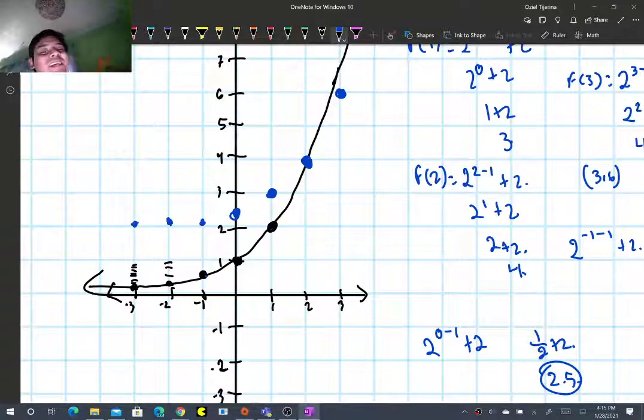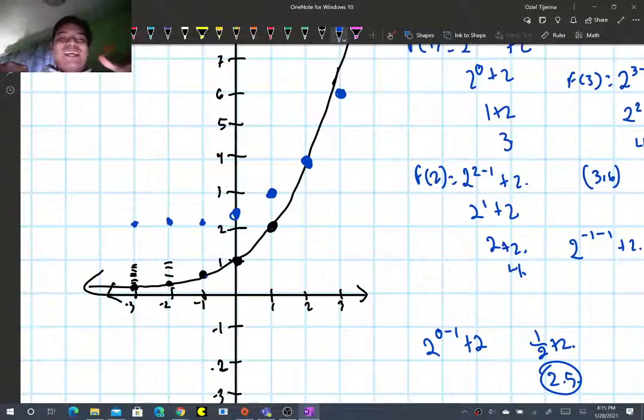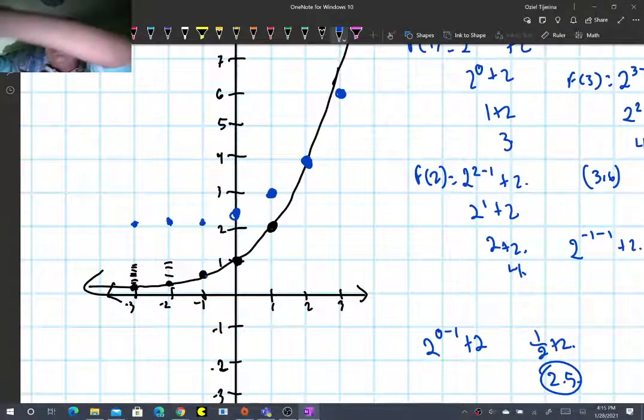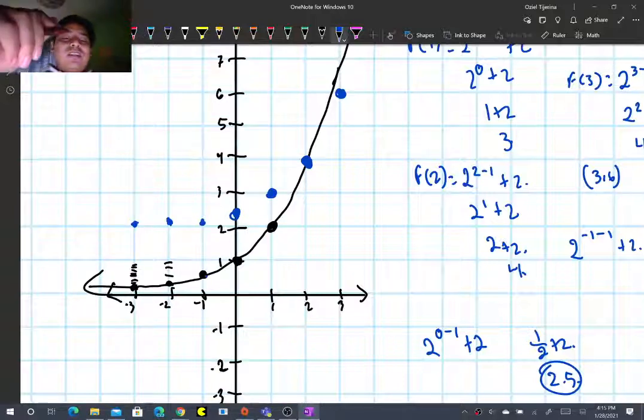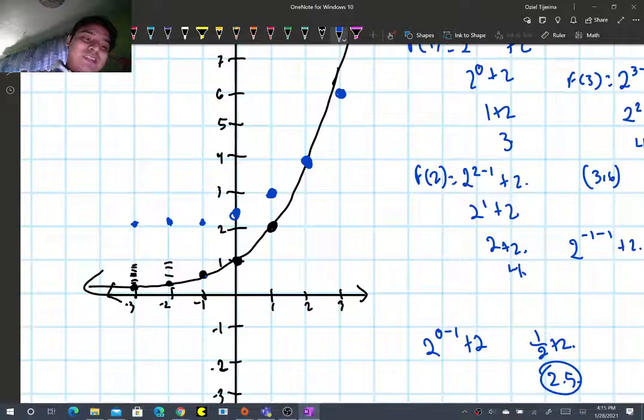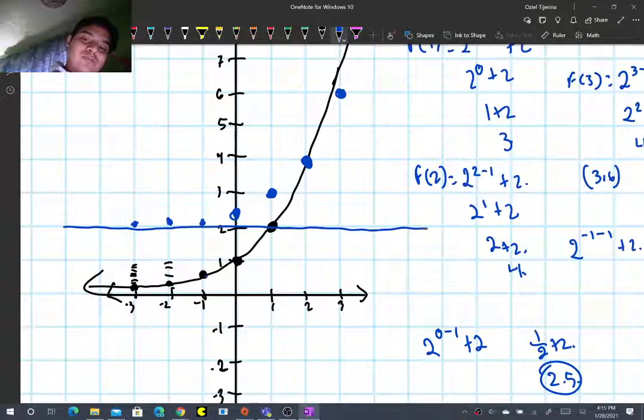As far as asymptotes and horizontal asymptotes, I don't want to push you guys to know that yet. That just means that there is a line that the graph kind of goes to but never touches.